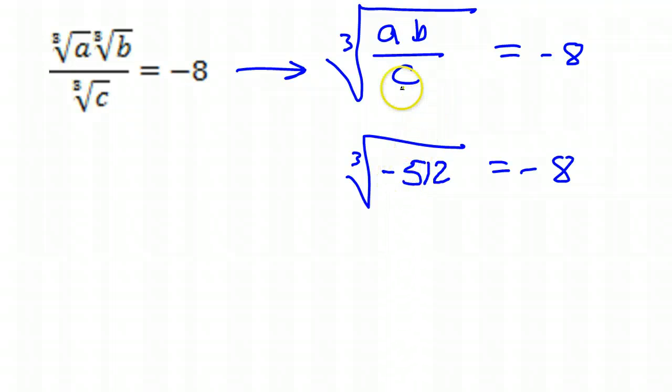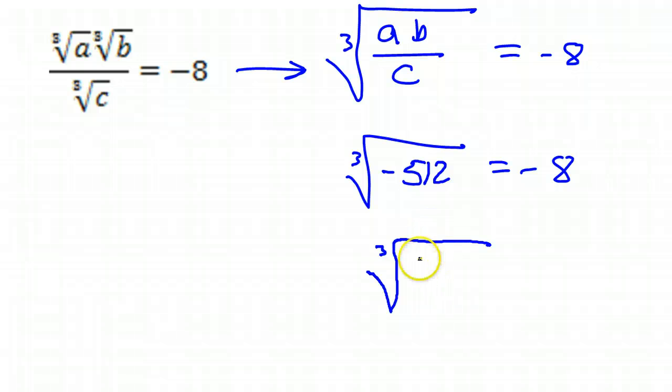That means that A times B over C has got to equal negative 512. If you really wanted to make it simple, all we need is an expression in this form that will give us negative 512 for an answer.